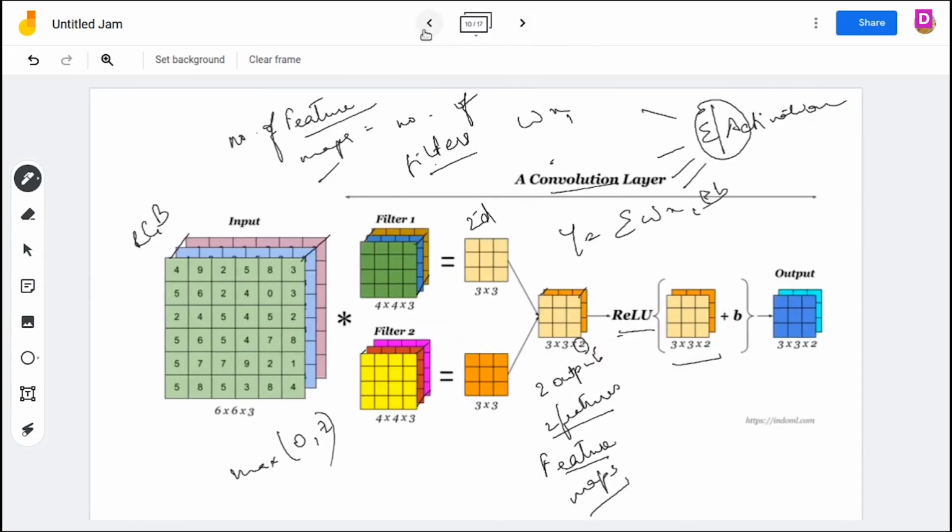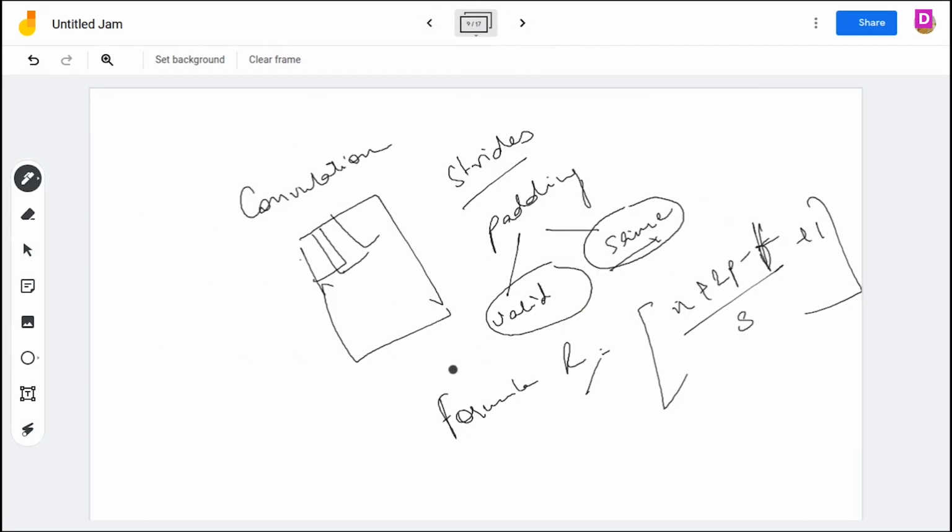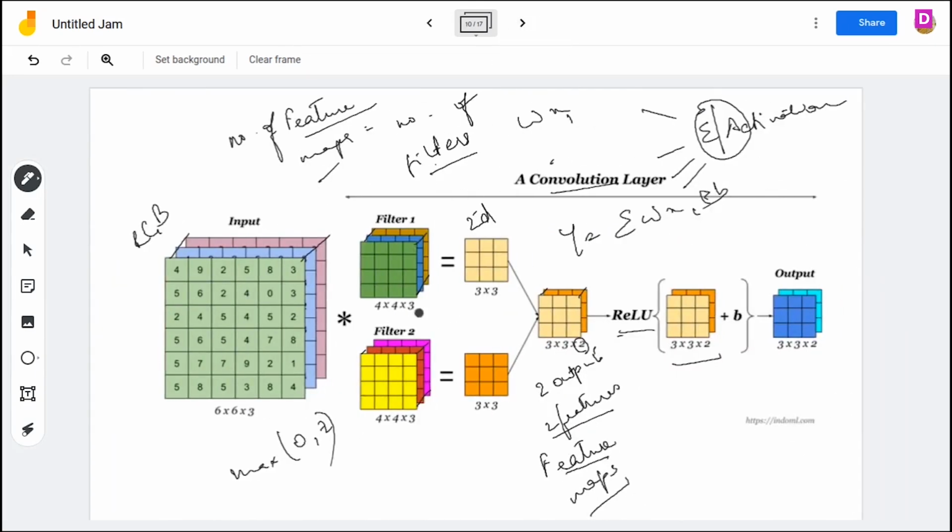Now, instead of using one filter every time, we will be using multiple filters, and the output dimension will be equal to the number of filters. Once that has been calculated, this is basically the calculation of the weights and the addition of the bias. We will pass this to an activation function, ReLU, and we'll get the output, right?